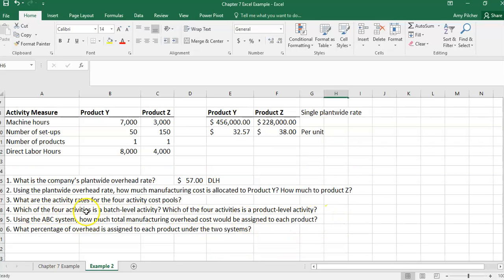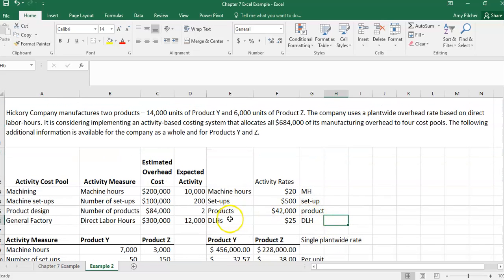Number 4 says which of the 4 activities is a batch level activity and which is a product level activity. So we had unit level, batch level, product level, and organization level activities as part of the chapter vocabulary.